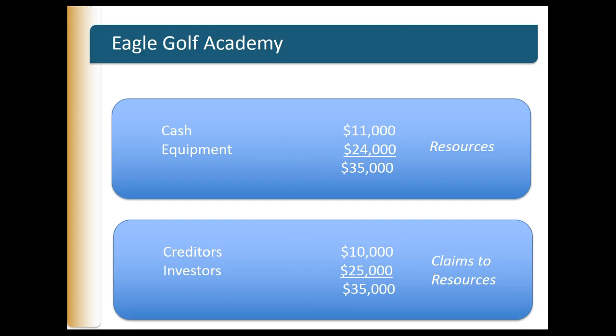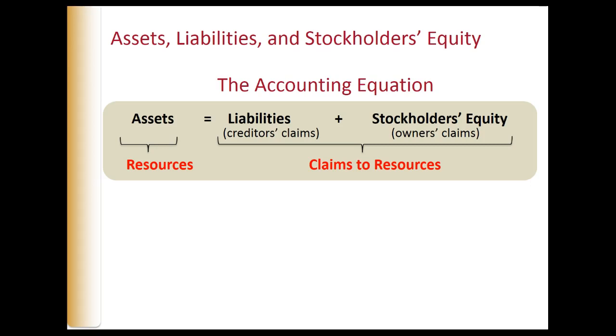So as you see here, the resources to start this business are 35,000. The claims to the resources, which is his loan, and the shareholders or the investors that are investing in this company are 10,000 and 25,000, which total 35,000. So the resources are 35 and the claims to those resources are 35. Hang in with me. Hang in there.